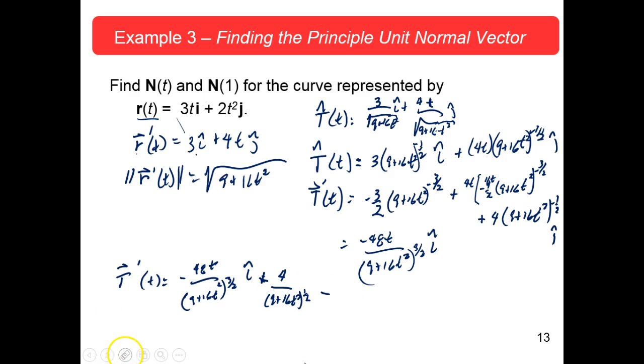This really gets awkward. Understatement. 4t times 16t would be 64t squared over 9 plus 16t squared to the 3/2 power. And that's your j.